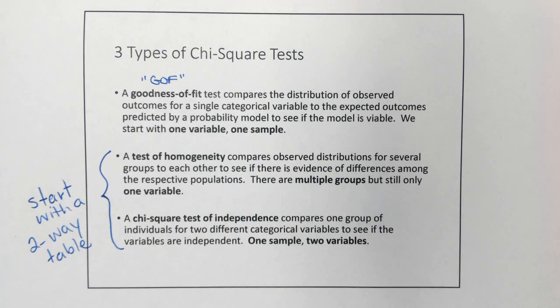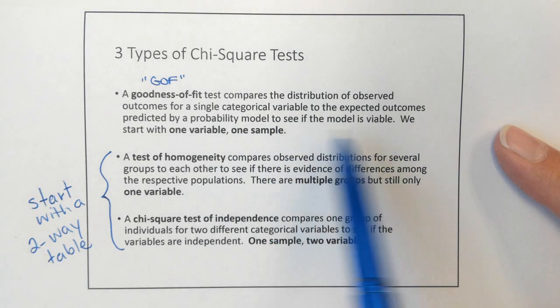And that's why you need a different type of test, because it's not as simple as just comparing a single observation to some hypothesized proportion that you start with, some assumption you start with. And we see if the model is viable.